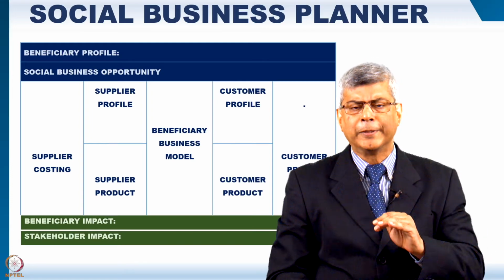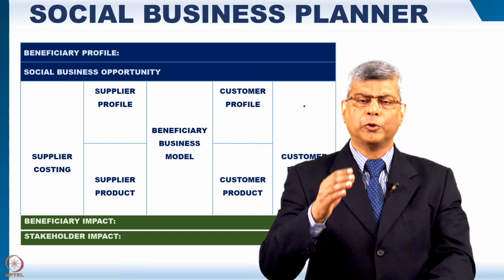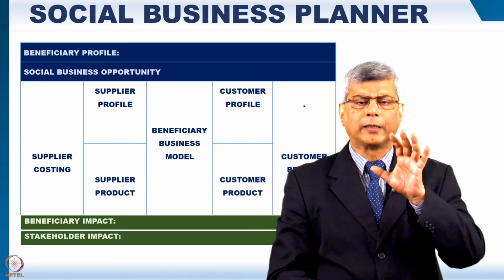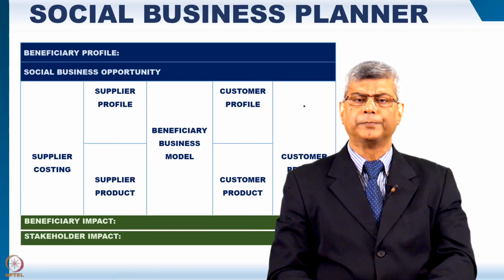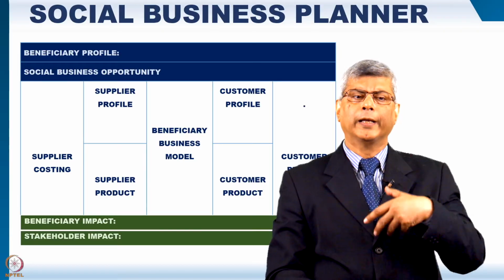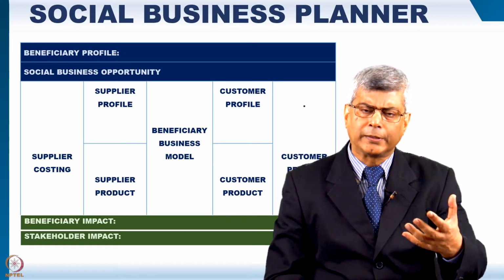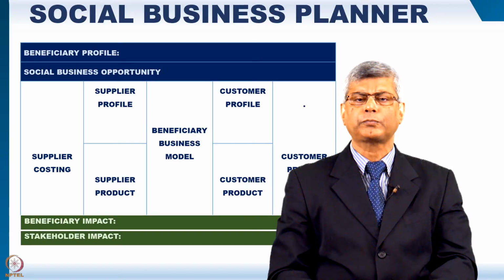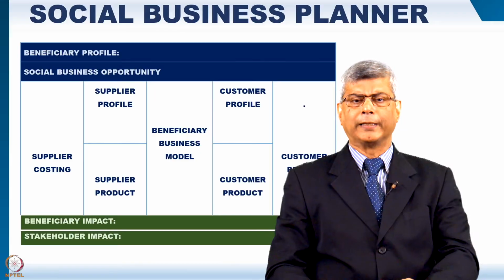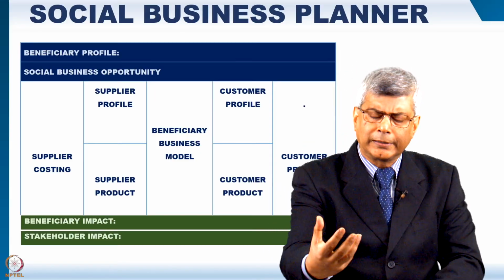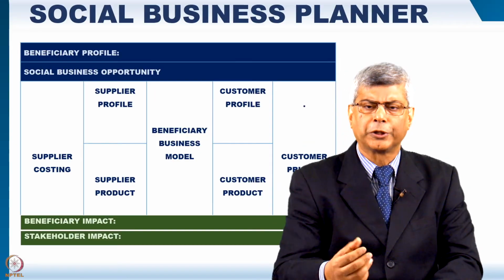And what are the key elements of it? You can see it on the screen and you look at the key elements, which starts with the beneficiary profile. And we'll talk more about that. It then talks about the social business opportunity.